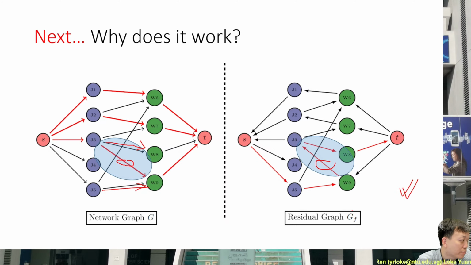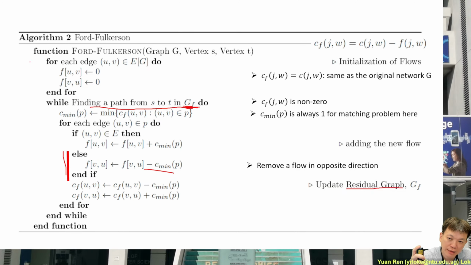So each arrow technically can be used once. Yes, in this particular matching problem, each edge has weight only 1. My weight is 1. So this C minimum, I think I mentioned, is always 1 for a matching problem.